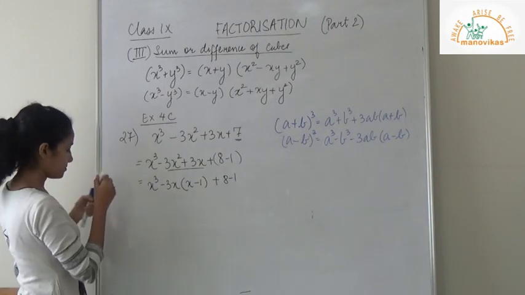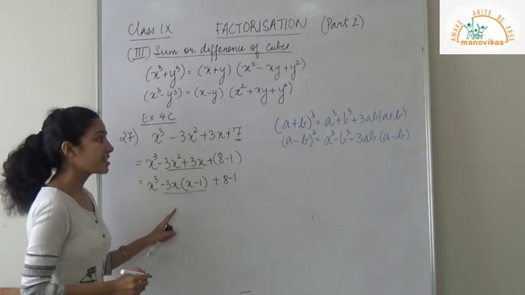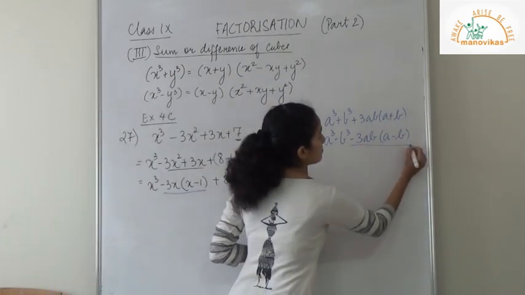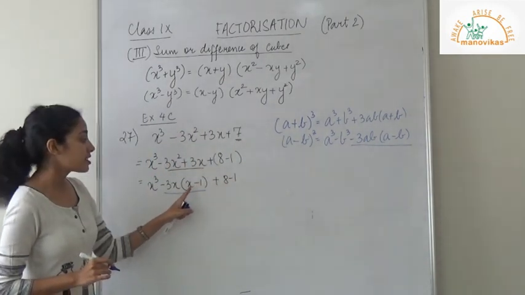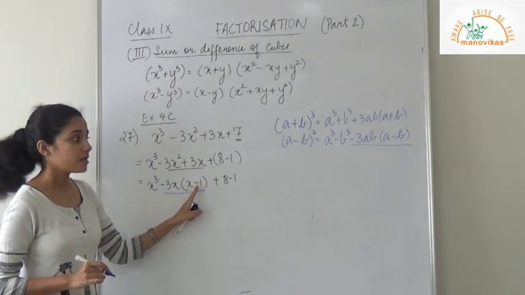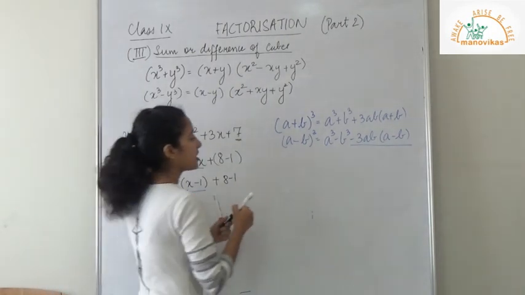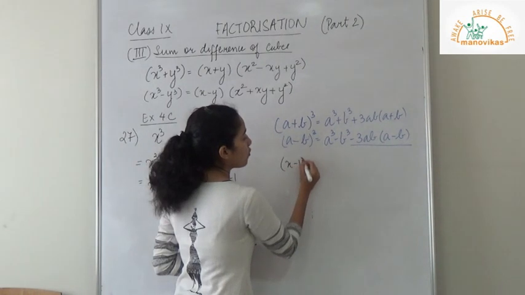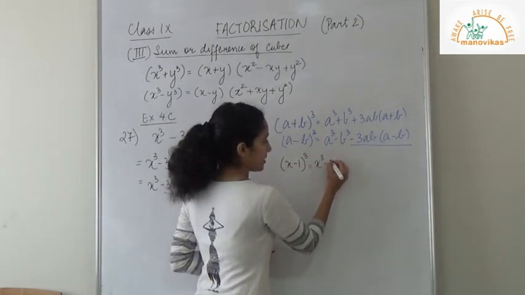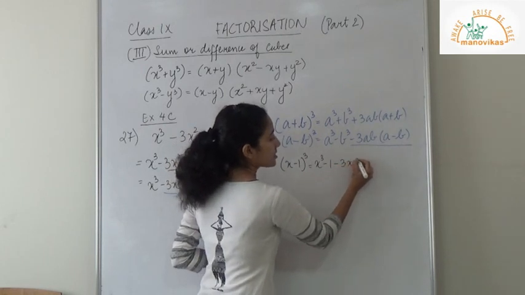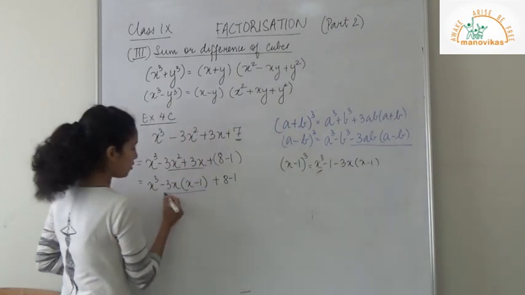Now note that minus 3x and x minus 1 is the same as this one. But instead of a and b, I have replaced it with x and 1. So it means this expression can be reduced as x minus 1 the whole cube. Let us check what this is equal to. This will be x cube minus 1 minus 3x times x minus 1. So here we have the x cube term already.